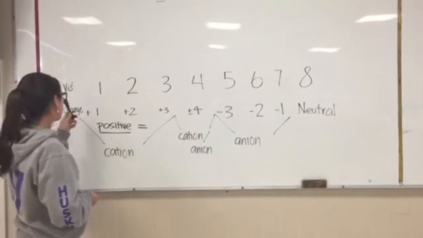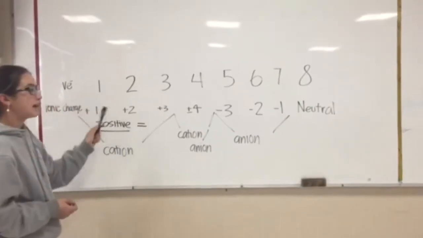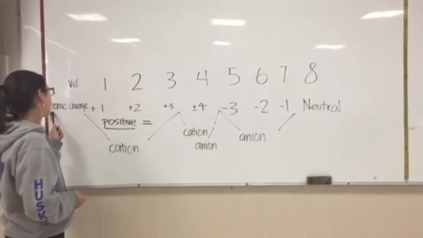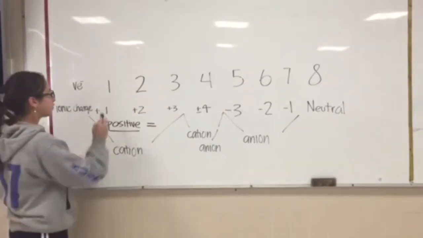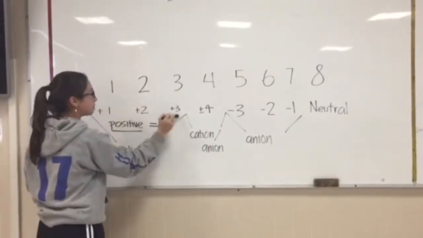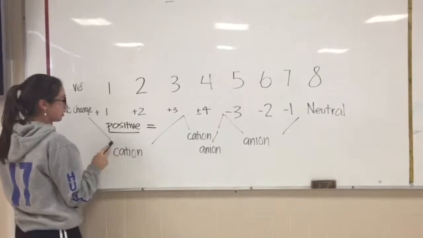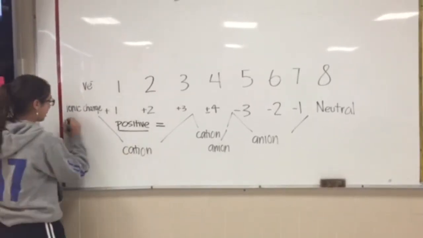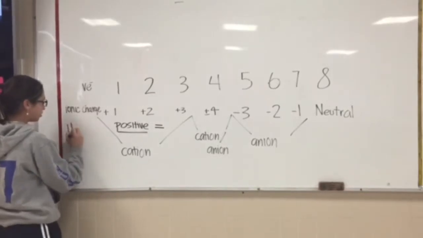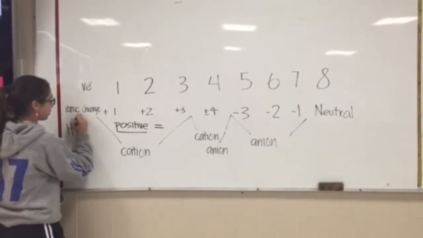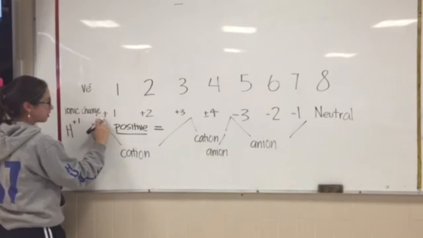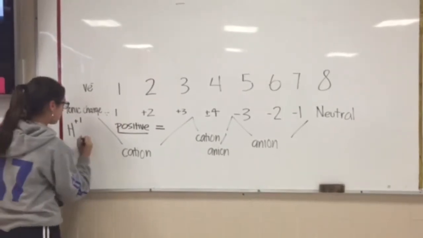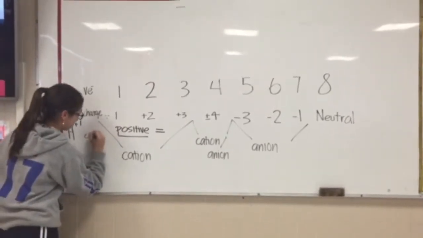Depending on the valence electrons that your atom has, it will get the ionic charge. If it's from 1 to 3, it stays the same number, positive, and it's called a cation. So, let's say that you have hydrogen. You will write the symbol H, plus 1 because it's the ionic charge, and over here you will write cation.